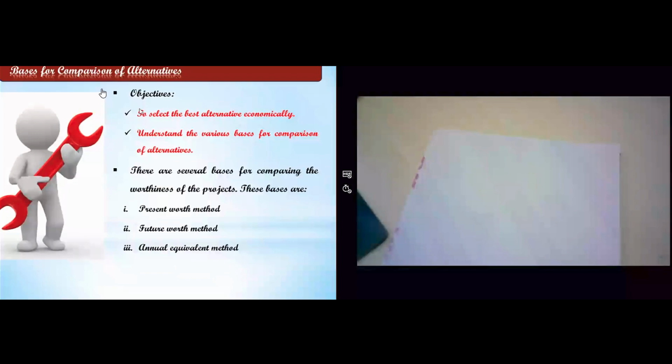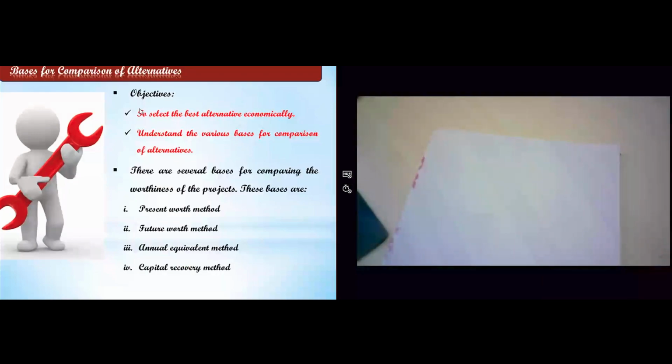Every year, what would be the consolidation of the single payment or the initial payment or principal deposit, or the salvage value which you have over some time period, or any gradient value if it is there. So altogether, its consolidated value on an annual basis will give me the annual equivalent value. So based on that value, we will decide the alternatives.